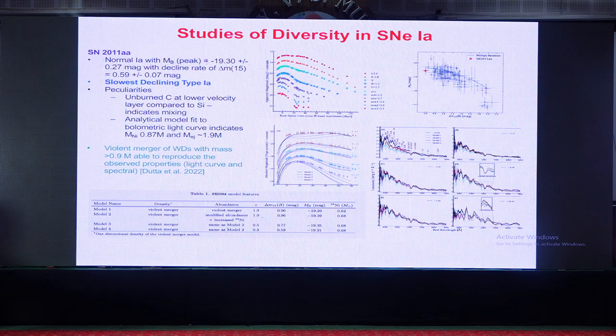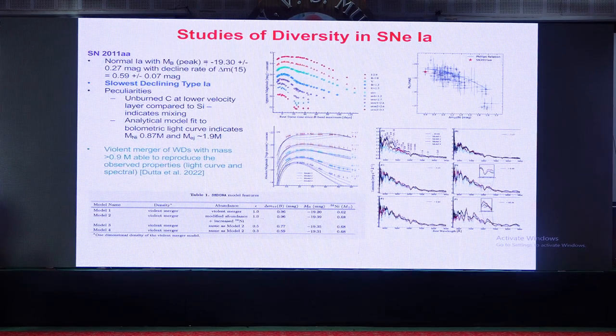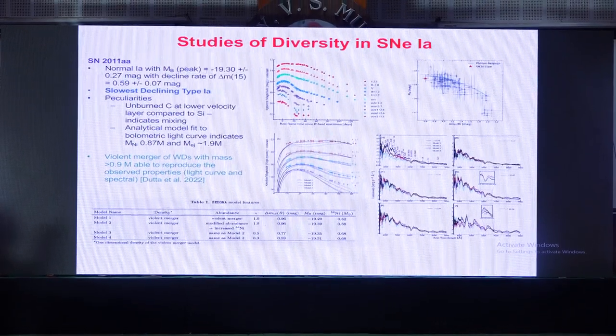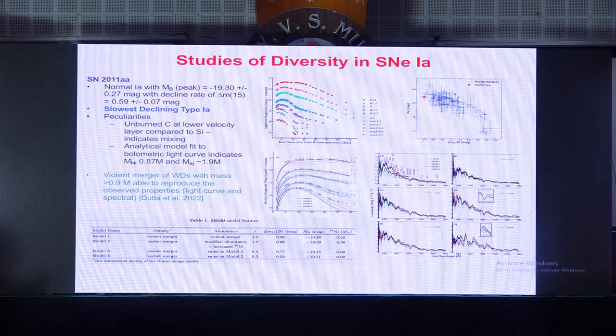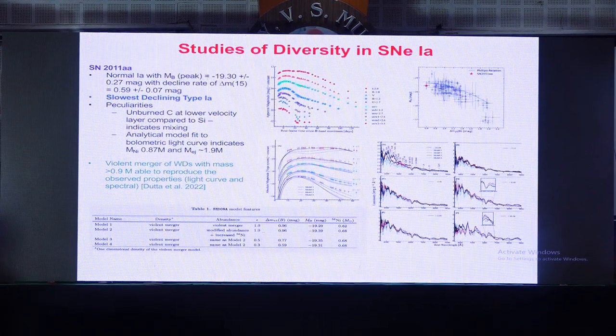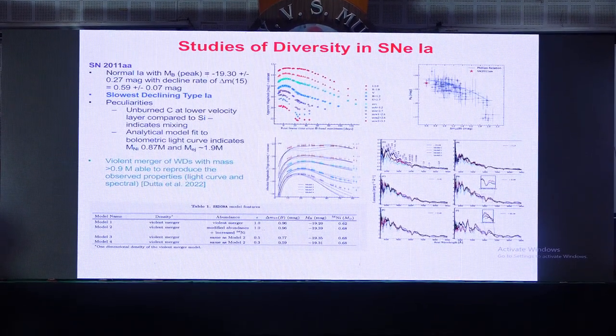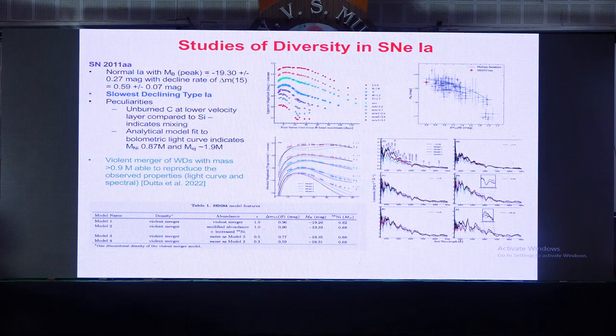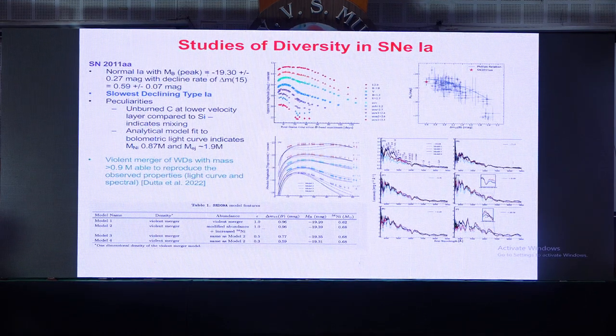So what is essentially happening is that the primary detonates, and then the burnt material engulfs the secondary, which is still not fully burnt, and hence you find unburned material, carbon and oxygen, in the inner layers.